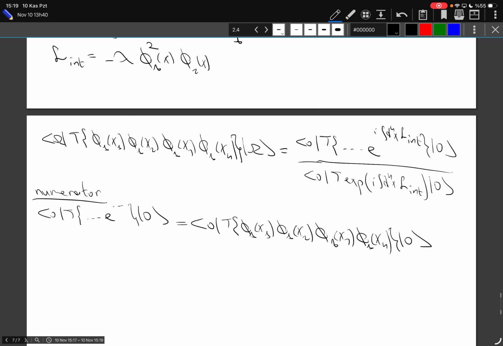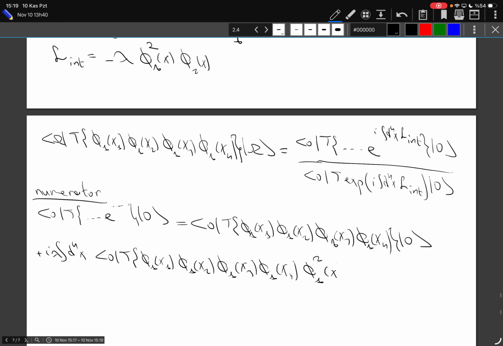Then I have plus i lambda d4x, phi 1 of x1, phi 1 of x2, the same fields, then phi 1 squared of x, phi 2 of y.